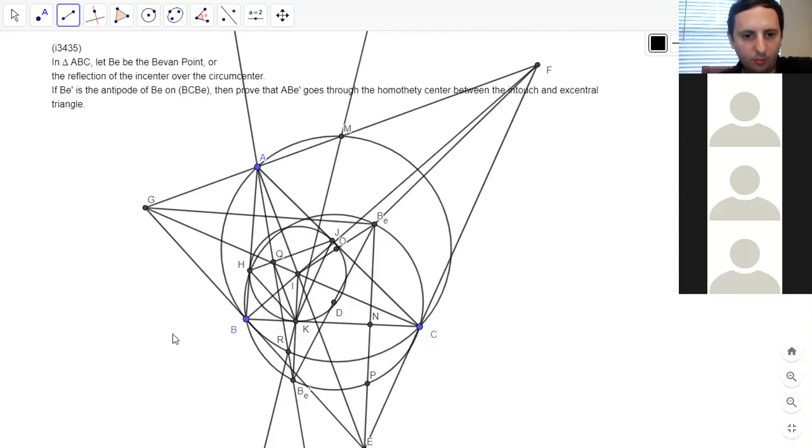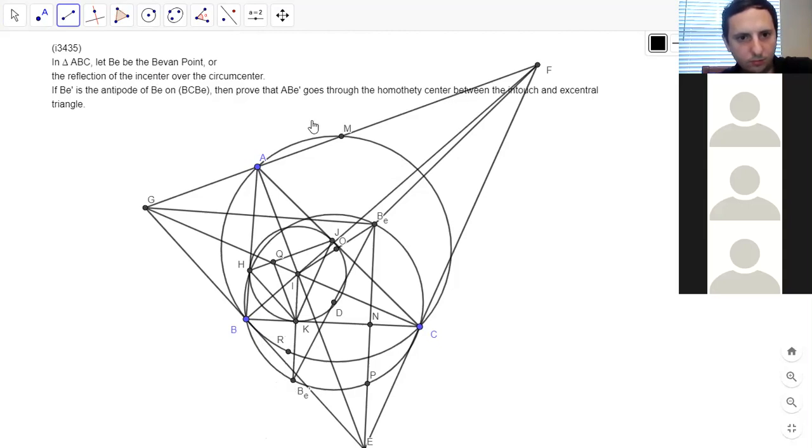So yeah, we have to use somewhere that this circle passes through BE. Both KQ and AI are perpendicular to HJ. Yeah, we define KQ to be perpendicular to HJ.